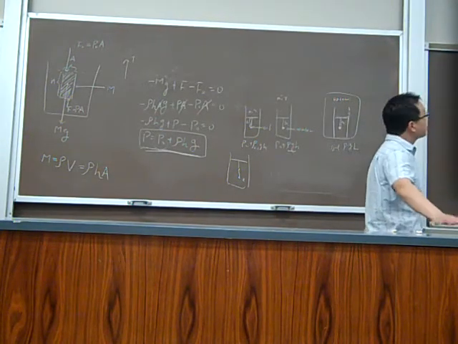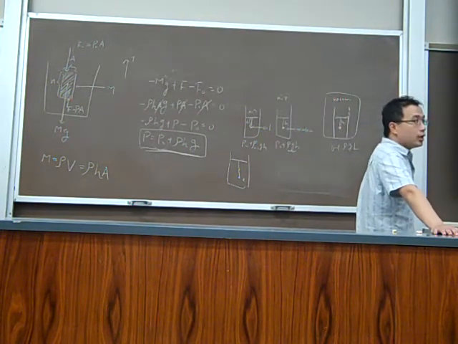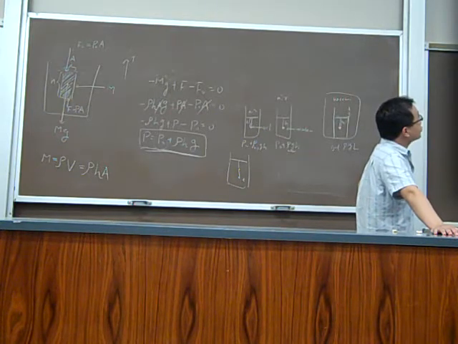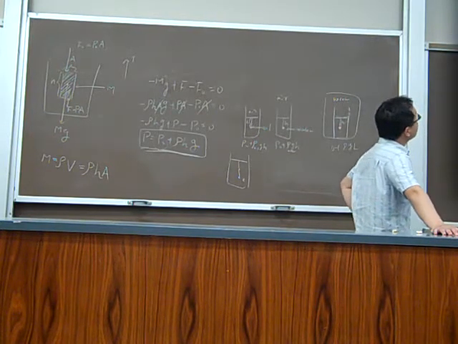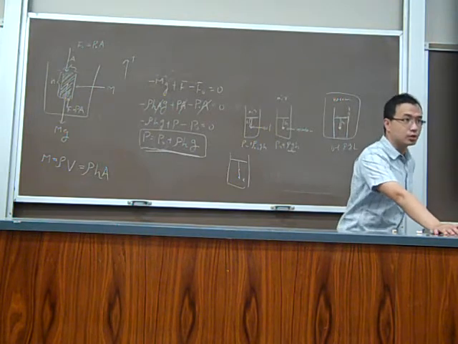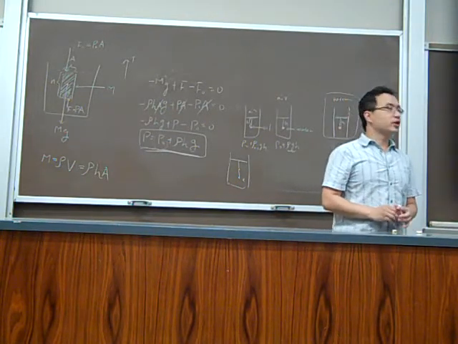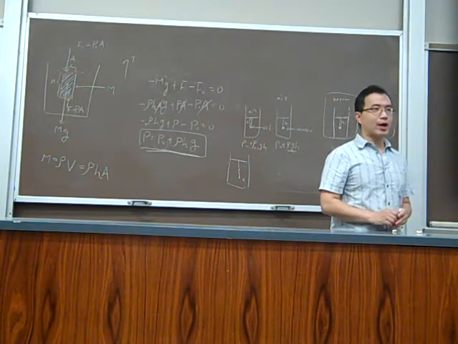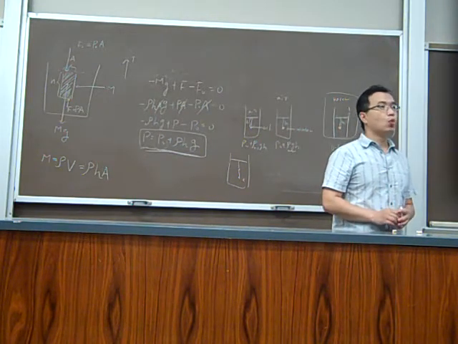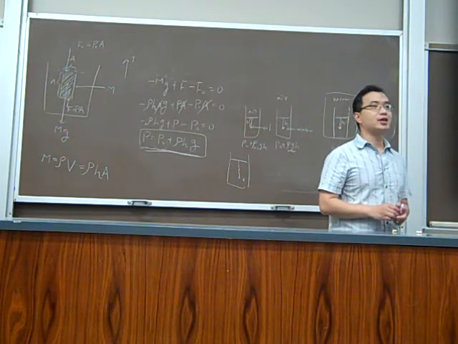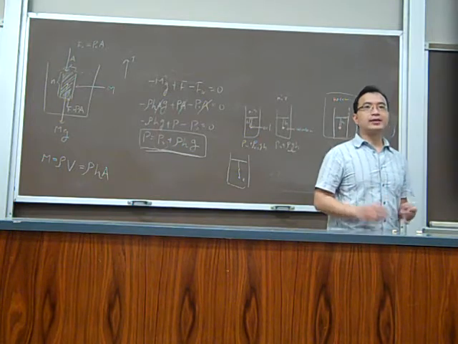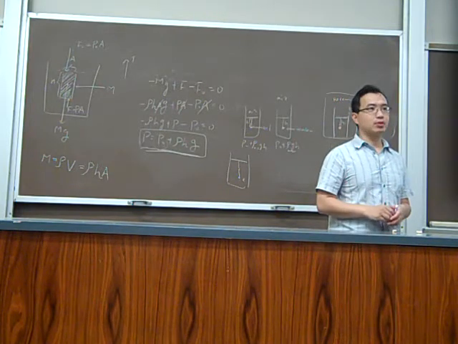It says that for the Pascal principle, a change in the pressure applied to an enclosed, incompressible fluid. What's the difference between compressible and incompressible fluid? Water, liquid, is usually incompressible, and gas is compressible.